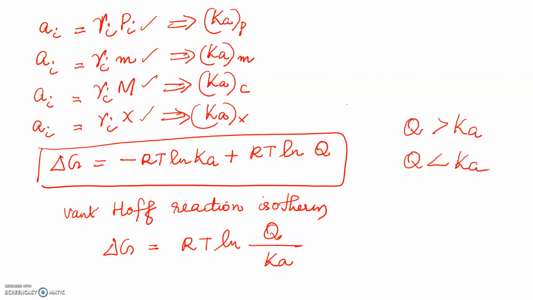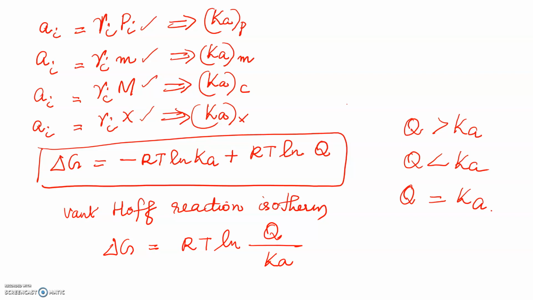If Q is less than Ka, delta G will be negative, and in such a case, the reaction will proceed spontaneously and will reach equilibrium. At equilibrium, Q will be equal to Ka. This is the significance of the Van't Hoff reaction isotherm.